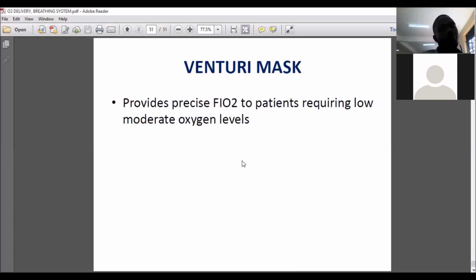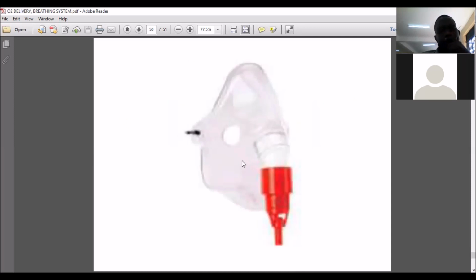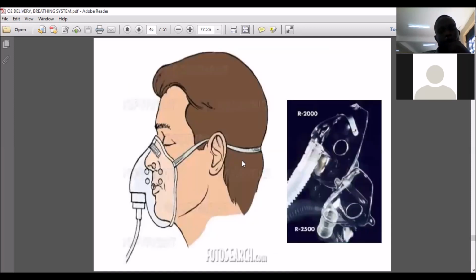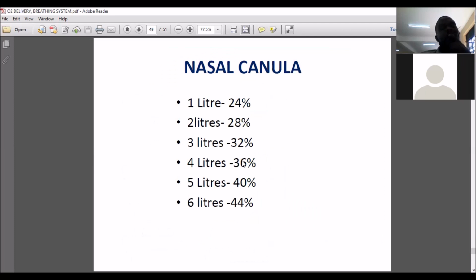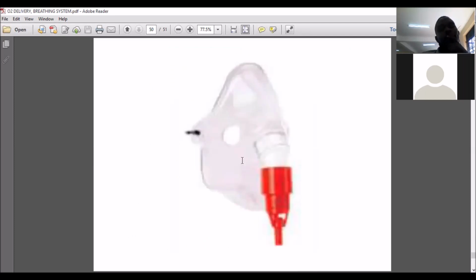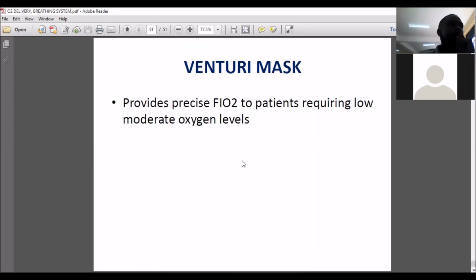Okay. And then a Venturi mask. What's a Venturi mask? Venturi mask, the last slide. What's a Venturi mask?